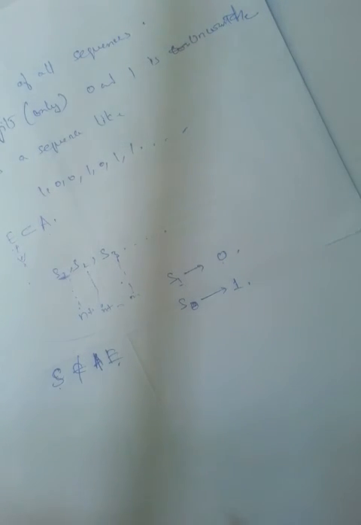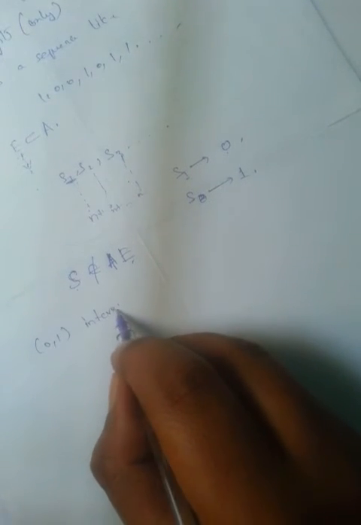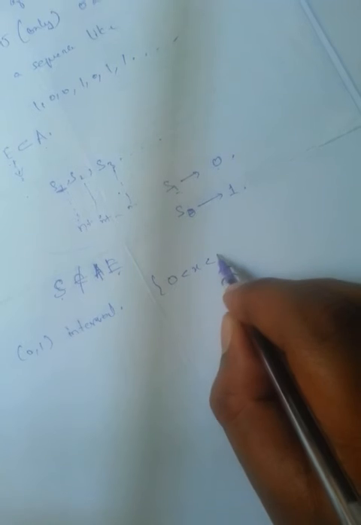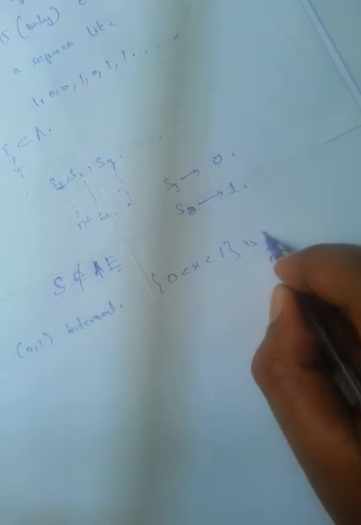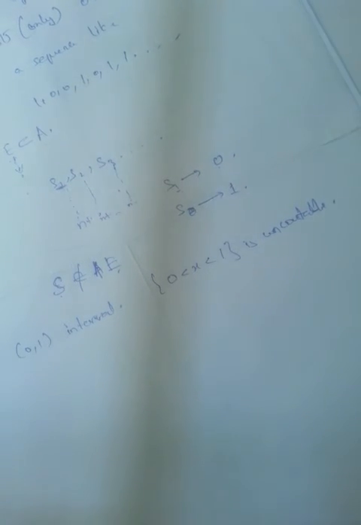This is very much a simple theorem. Now next, if we consider the interval [0, 1], it is a set which is uncountable. So we have to prove that this set is uncountable.